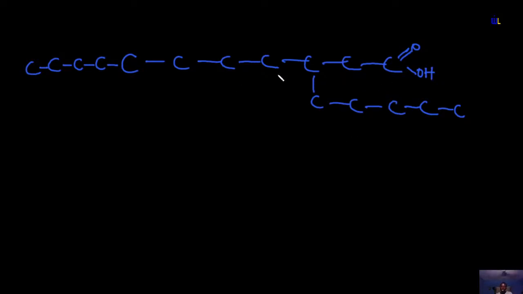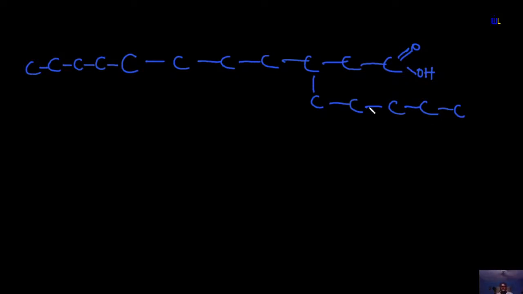If you look at this particular compound, you will notice something. Let's count the longest chain. The longest chain is going to be 1, 2, 3, 4, 5, 6, 7, 8, 9, 10, 11, 12, 13, 14. That is exactly the longest chain of carbon atoms.